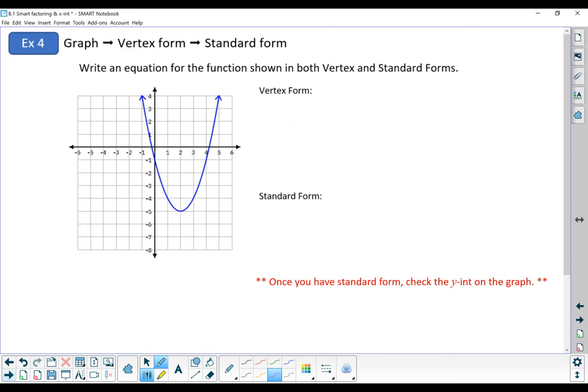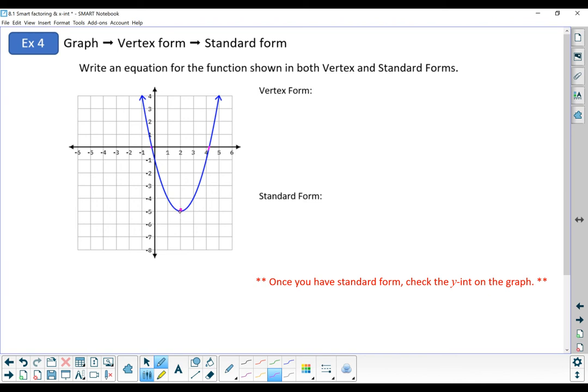Another form that we talked about last unit is vertex form. So when I look at this graph, you see how the intercepts are not at nice locations. You don't want to estimate to put a graph into vertex form. If it does not have nice intercepts, you need a different strategy.